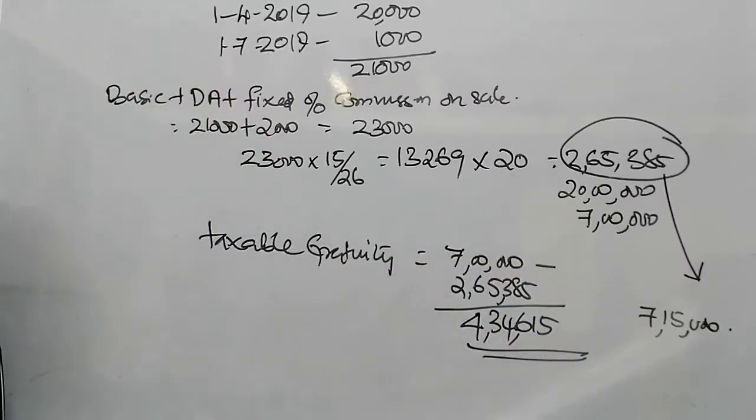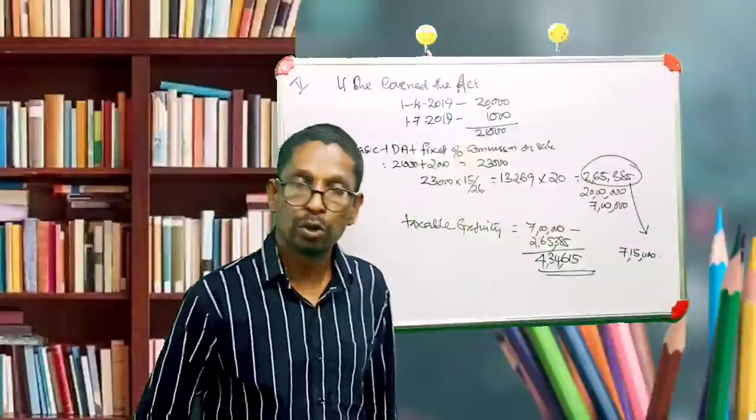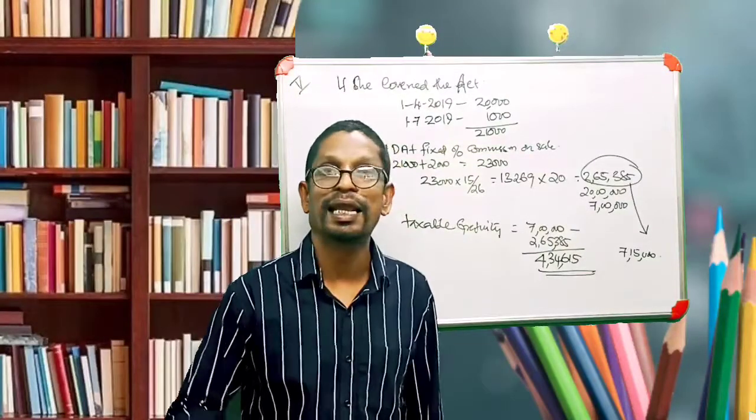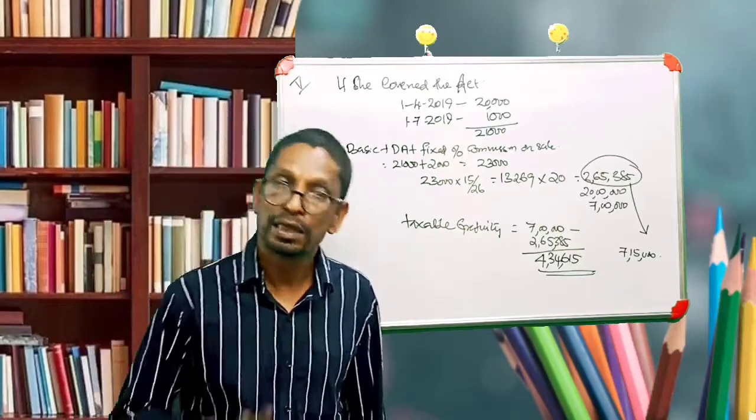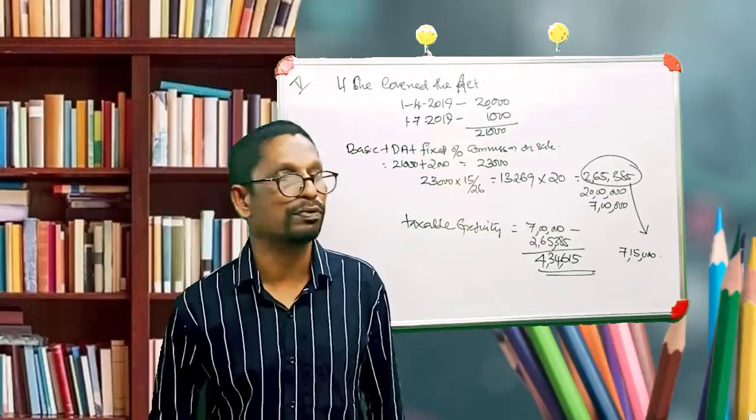In this case, what is the least amount? 7 lakh is the least amount. So the employee is getting an exemption up to rupees 7 lakh, that means nothing will be payable as tax on gratuity.